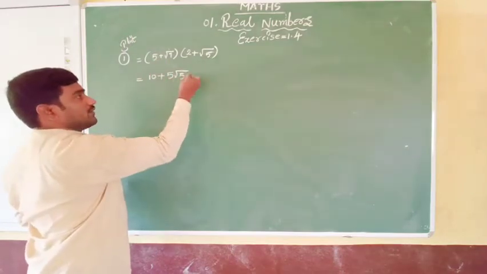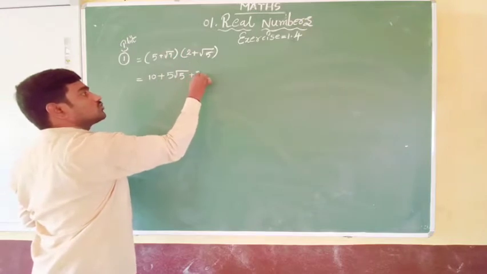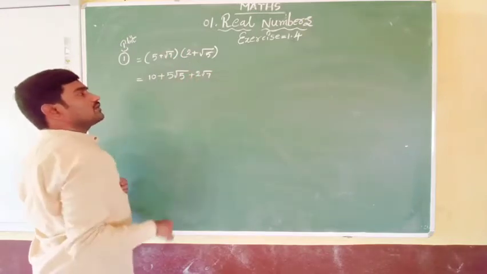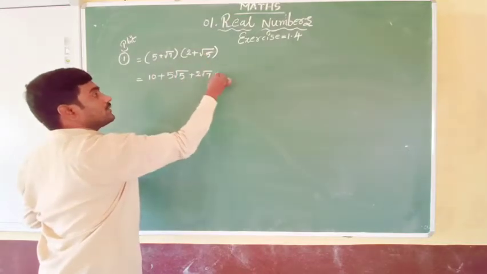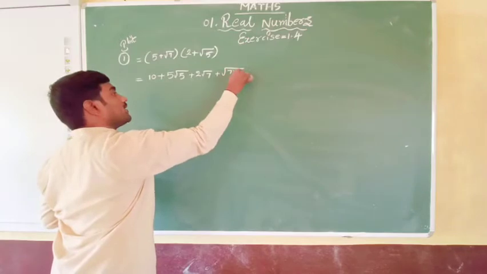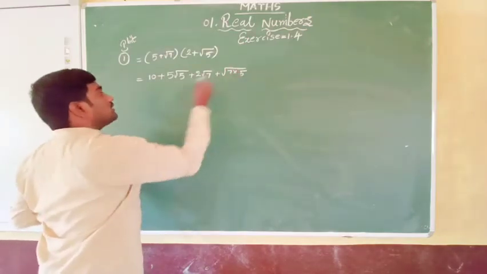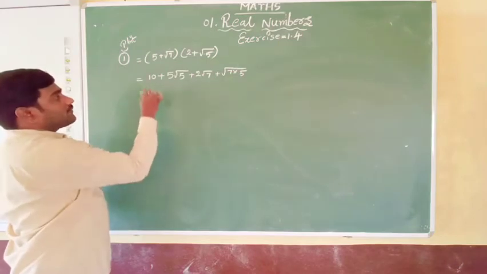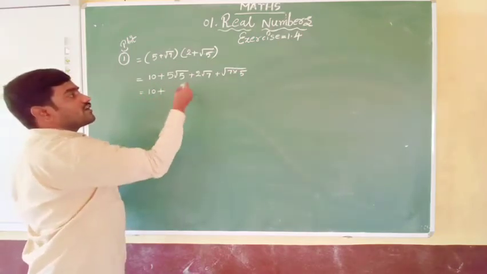Now with root 7: root 7 into 2 is 2 root 7, and root 7 into root 5 is root of 7 into 5. That equals 10 plus 5 root 5.